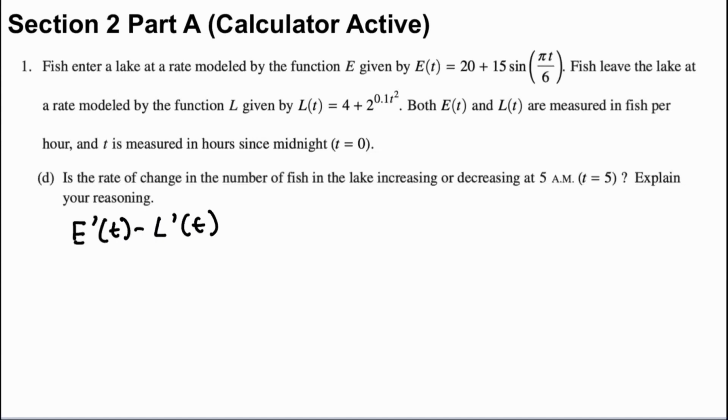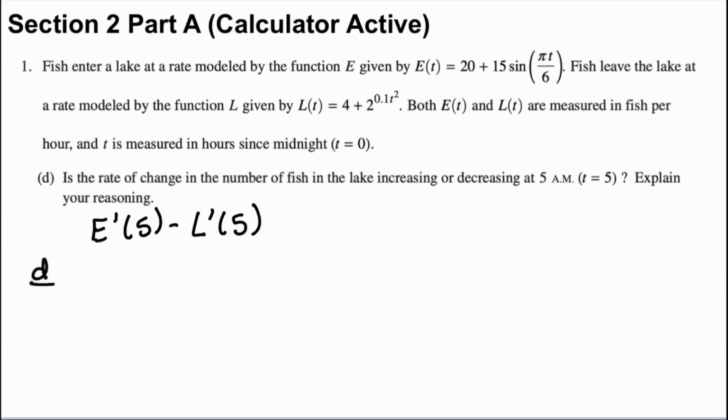So I can actually just rewrite it as E prime of 5 minus L prime of 5. And you don't have to take the derivative by hand. Taking the derivative like this does not seem pleasant. So that's why this is calculator active. You just need to show the process of what you're putting into your calculator.